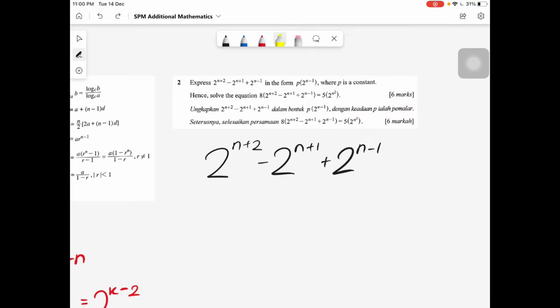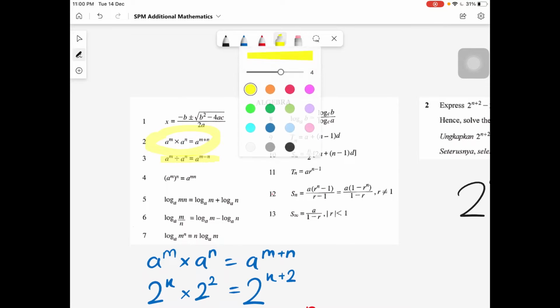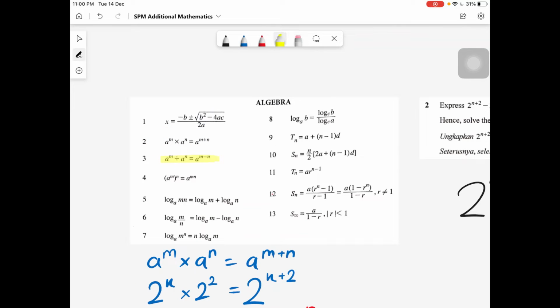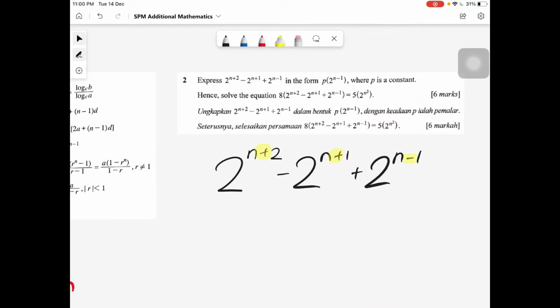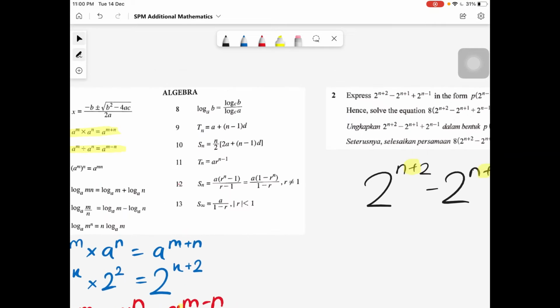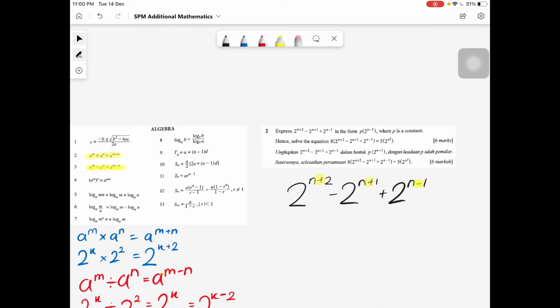Now we see plus here, so we know that we can use identity number 2. We also see minus here, so we know we can use identity number 3. Okay, so let's proceed.